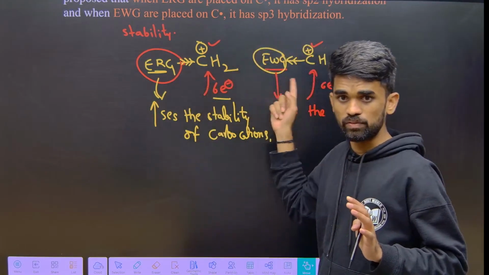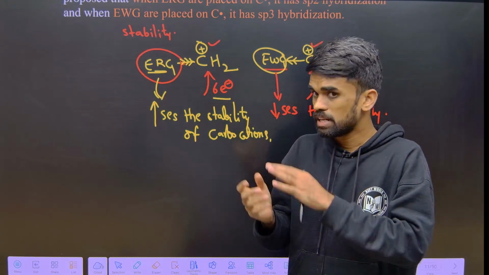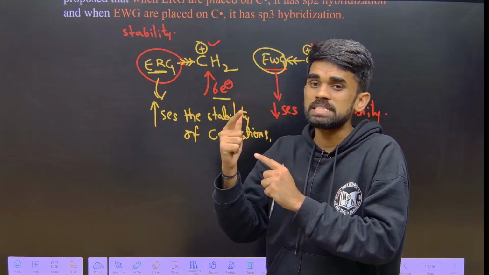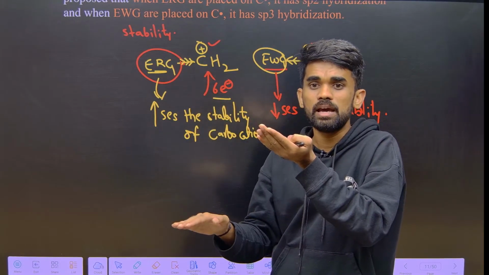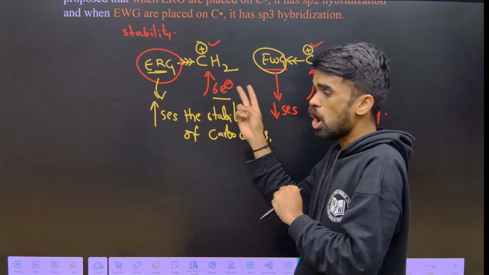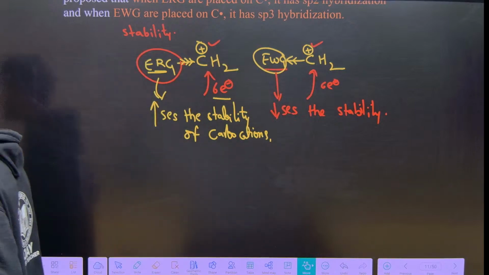Is that clear? In the case of carbanions, it is the reverse of this. Carbanions are stabilized by electron withdrawing groups and destabilized by electron releasing groups, opposite to this statement. Next.